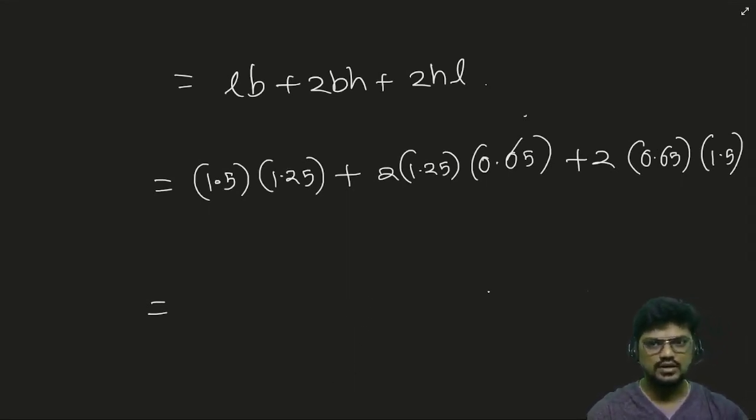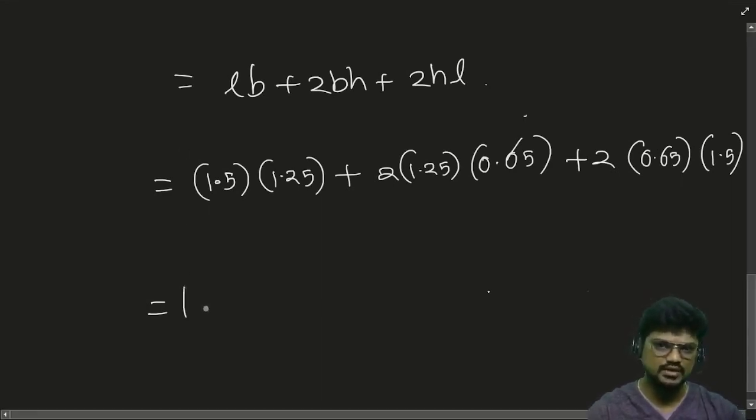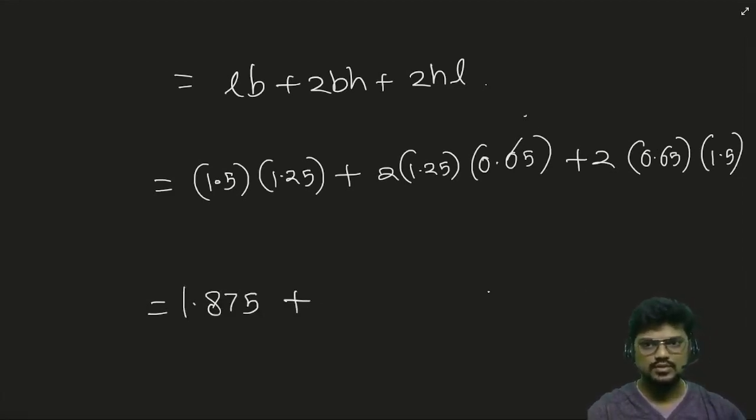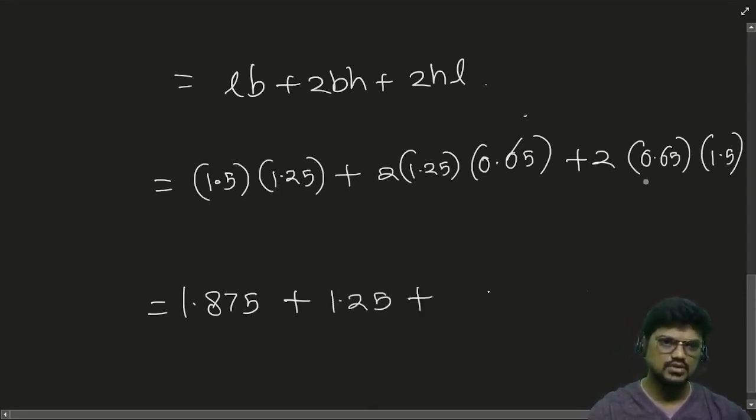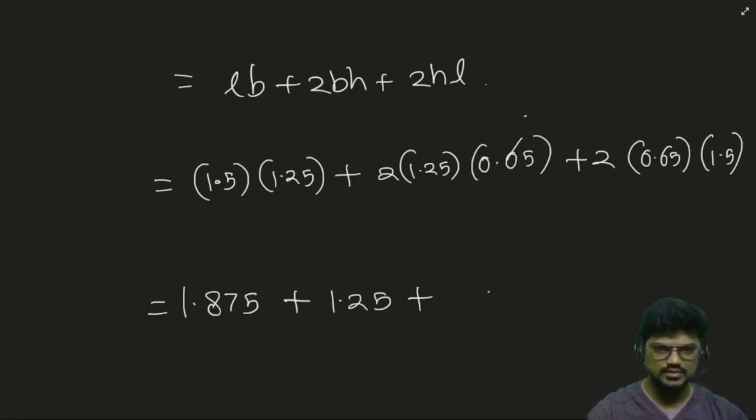I'm using a calculator over here. 1.5 into 1.25 gives you 1.875, plus 1.25 into 0.65 into 2, that gives you 1.625, plus this 2 into 0.65 into 1.5, that gives you 1.95.